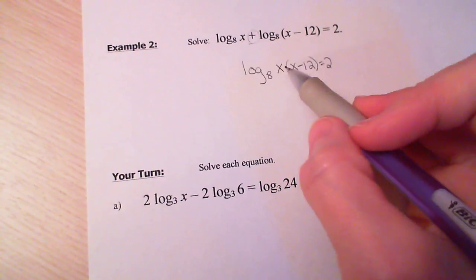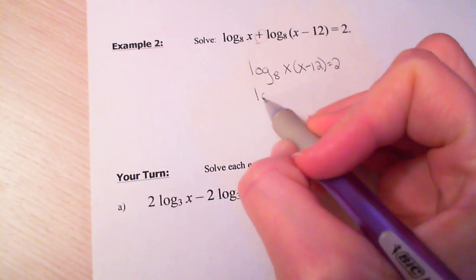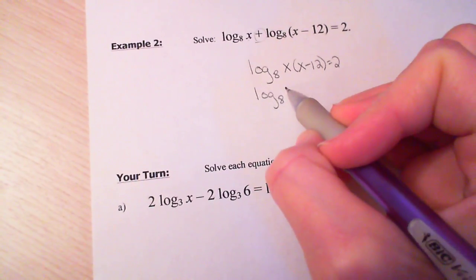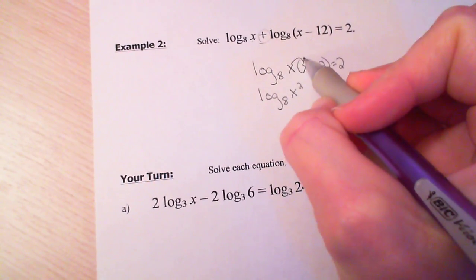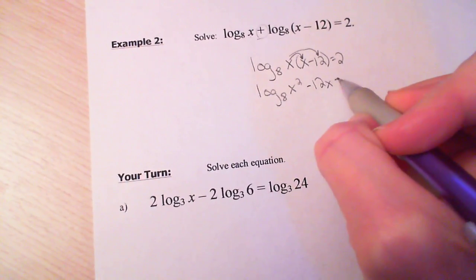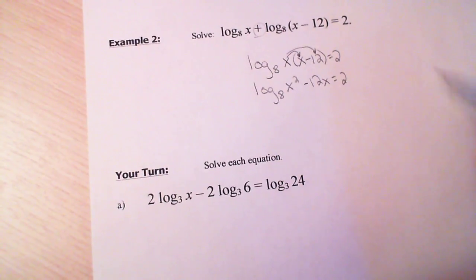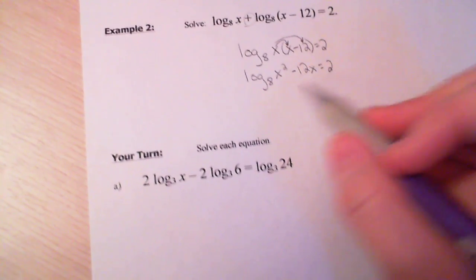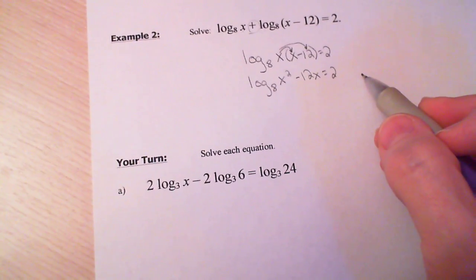Okay, so I'm going to multiply those as my next step. And I'm going to write that as x squared. So I'm doing distributive property here. X squared minus 12x equals 2. Okay, now I don't have logs on both sides this time.